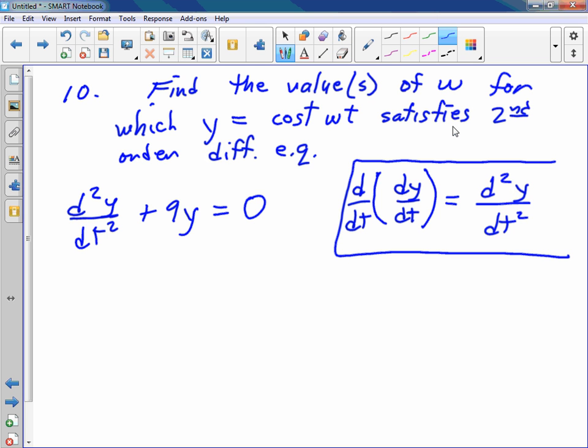And this is number 10 in your book. Okay, so if y equals cosine omega t, what does dy dt equal?